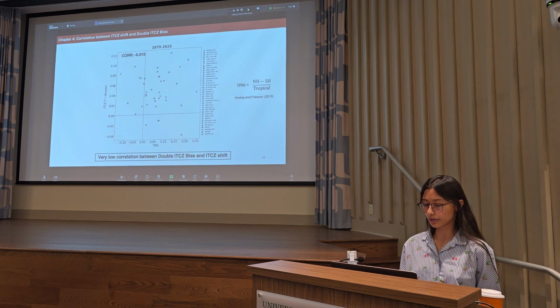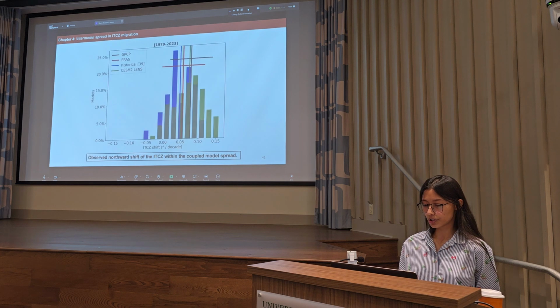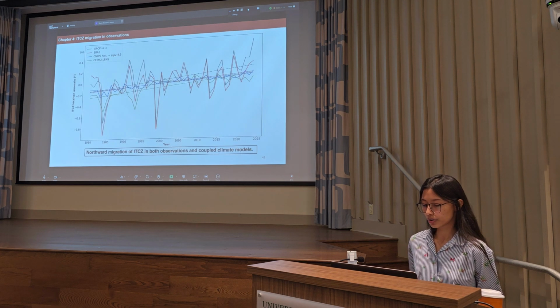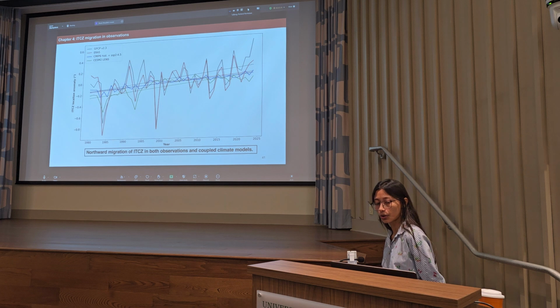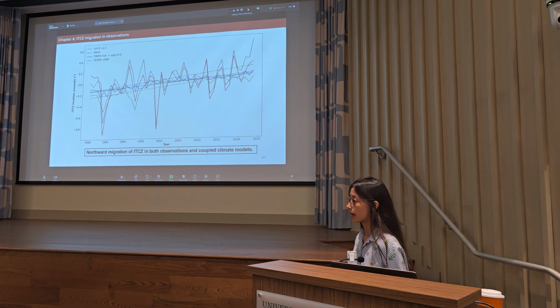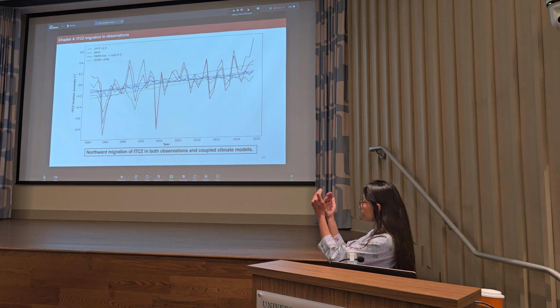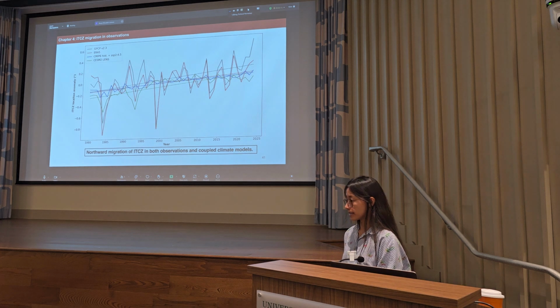They had two papers. The first one showed that 1998 showed a difference in how the ocean heat uptake responds for a strong El Nino versus a strong La Nina case, and for this specific 1998 El Nino, a larger ocean heat uptake contributed to a southward migration of the ITCZ.